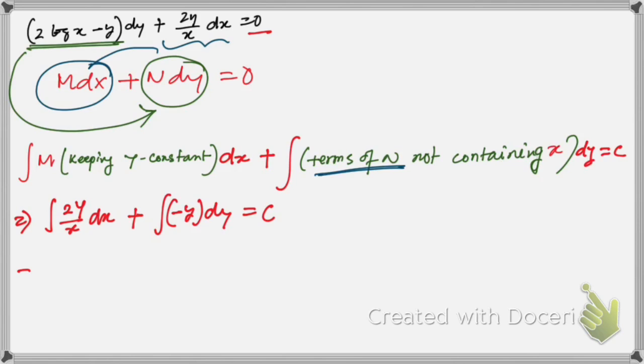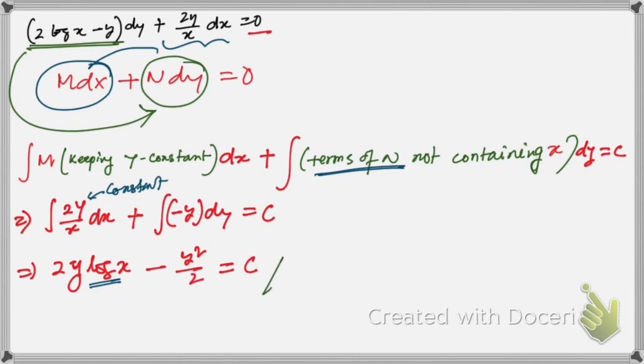And here this y is constant, and integration of 1 by x we know is log x, then integration of y will be y square by 2, is equal to c. So this is your solution.